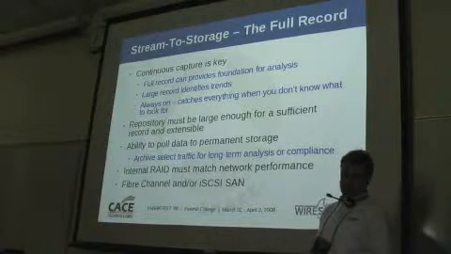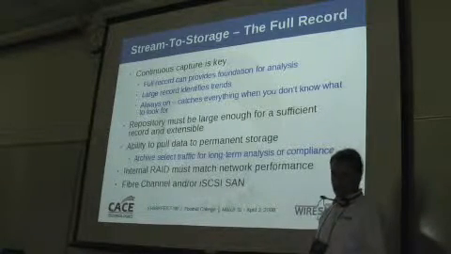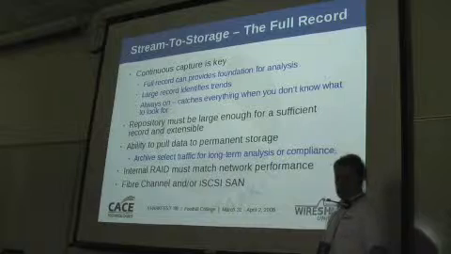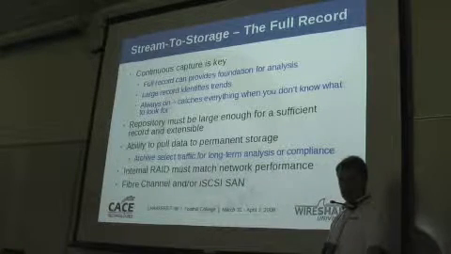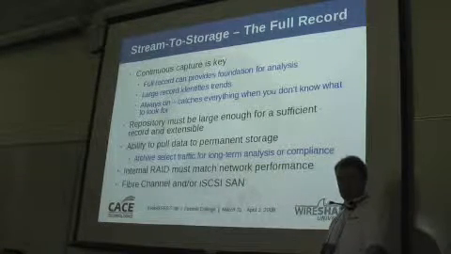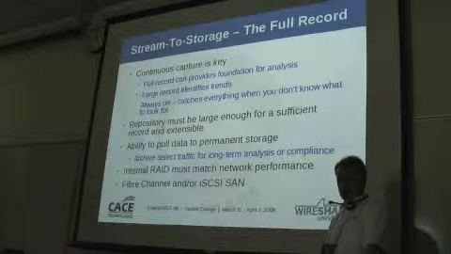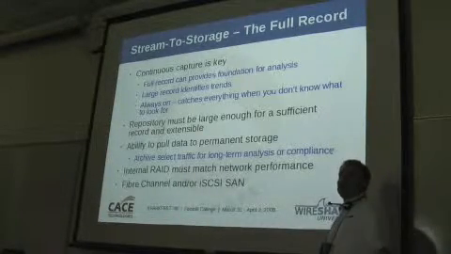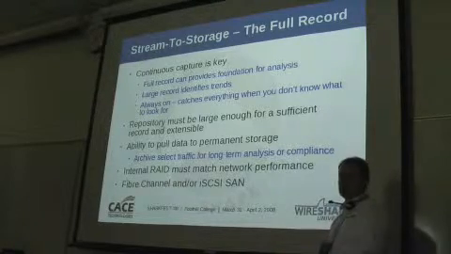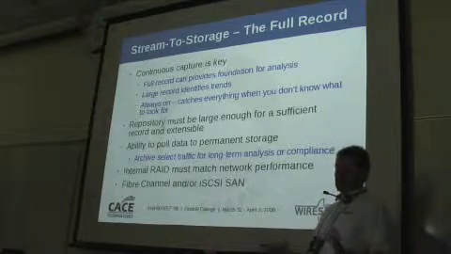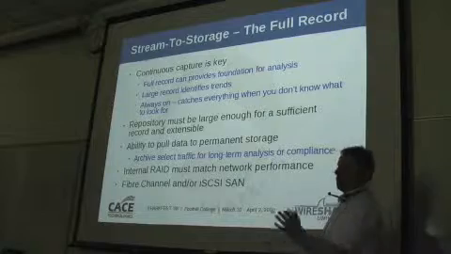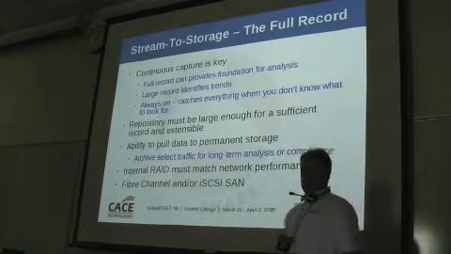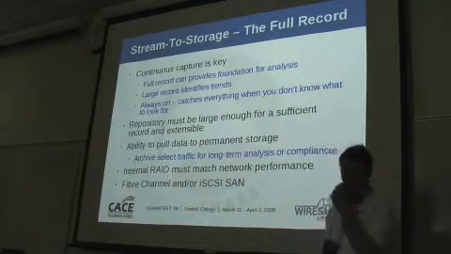You need RAID or storage solutions to match network performance. And we see a lot of users looking at fiber channel and/or iSCSI, either for extending the cache of traffic that they can look at, or to use as their more persistent storage.